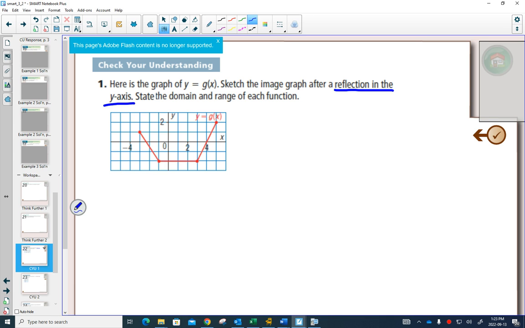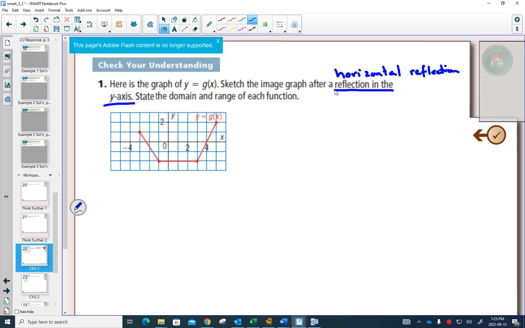So above this, we can write a horizontal reflection. If we wanted to write a horizontal reflection in function notation, would the negative be inside or outside of the function?